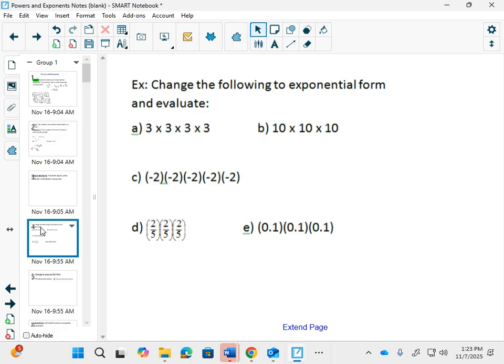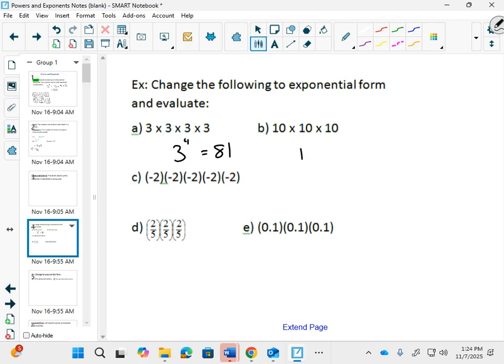So if you had 3 times 3 times 3 times 3, we could write this as 3 with a little 4 at the top, because the base is the thing that's getting repeated. And then we could figure it out. It is 81 if we type it into our calculator. 3 times 3 times 3 is 27, times 3 is 81.